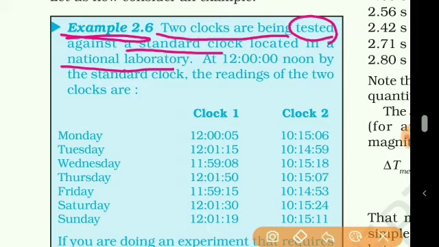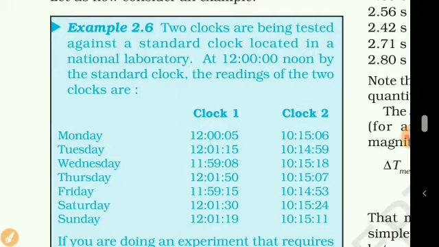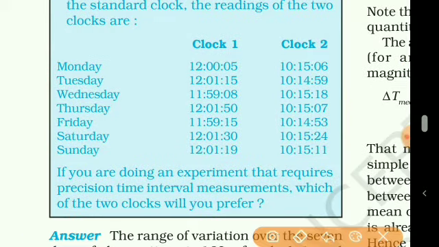The standard clock gives the exact, accurate time, and at 12 o'clock noon the readings of the two clocks compared with the standard clock are given here in the table from Monday to Saturday. That means for 1 week the time of these two clocks was compared with the standard clock at exactly 12 o'clock noon.